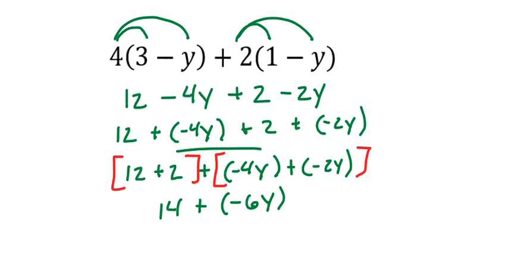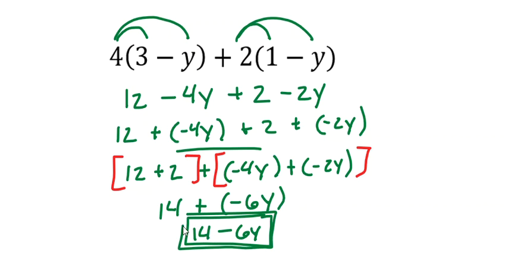And then the simplest way to write the answer is 14, not plus, minus 6y. It's really superfluous to say plus a negative number. It's better to say just minus, but I show that to you because it's helpful mentally to think of a minus sign as plus a negative number. But when we're writing it out, and especially when we're writing in simplified form, we'll drop the plus sign and we'll just have minus instead of plus negative.